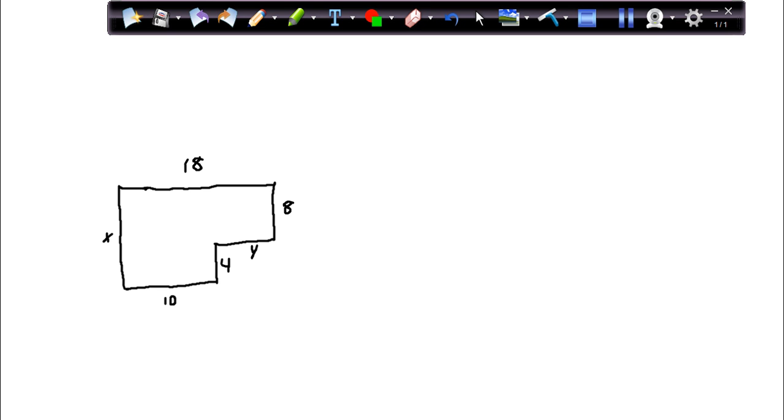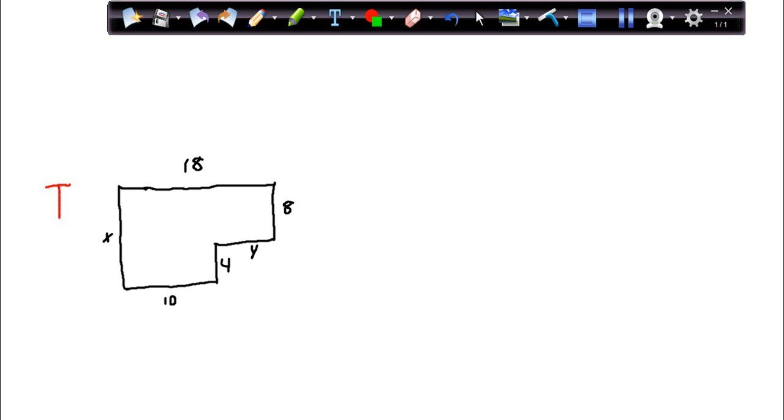Find the missing measurements. Measurement X equals the combined length of the two opposite side walls. So X is equal to what? 8 plus the 4. See? So when you look at this side right here, this is what they're saying.